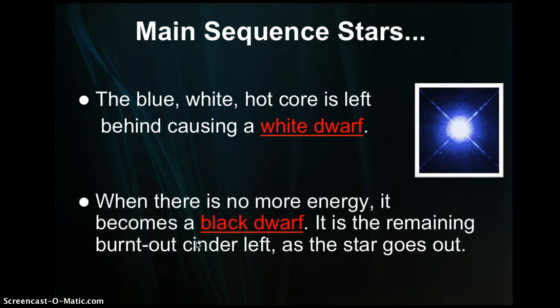When there's no more energy and the white dwarf has cooled, it becomes a black dwarf. And it's basically a burnt out piece of charcoal that just kind of floats around space.